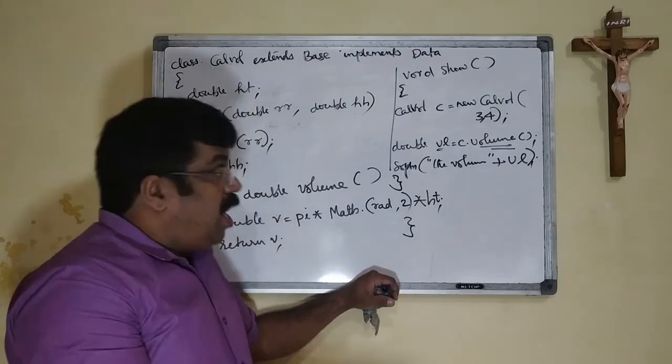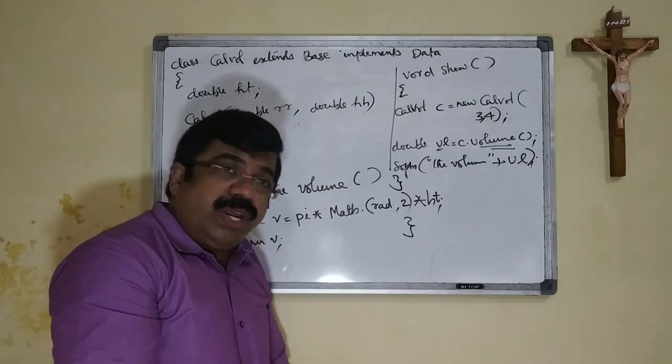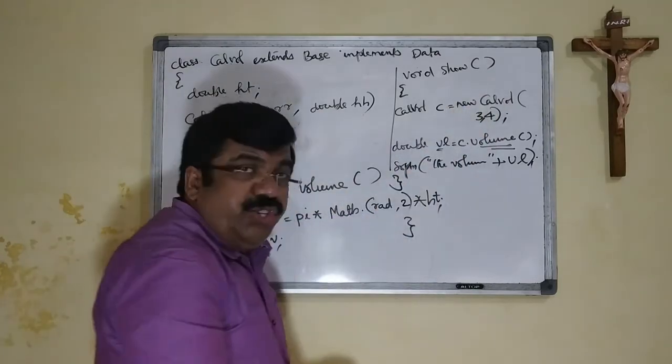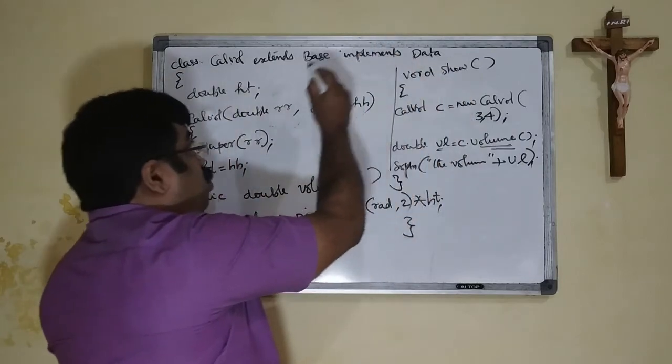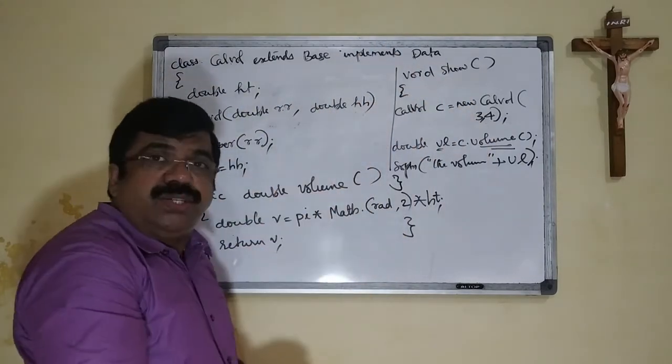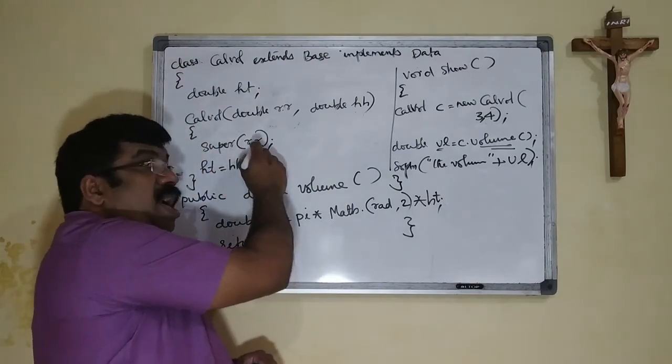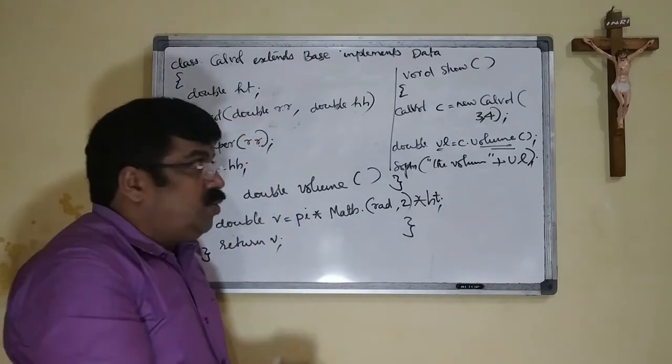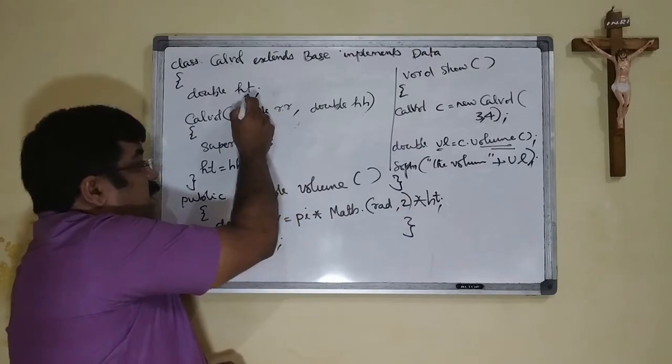So as per the execution, when the object is created, 3 will go to RR, 4 will go to the H, in turn RR will go to the radius, H will come to the height.